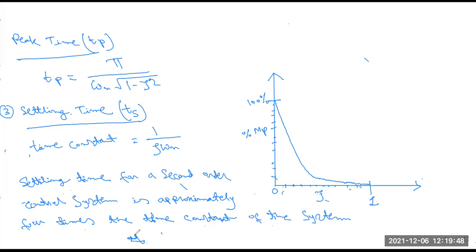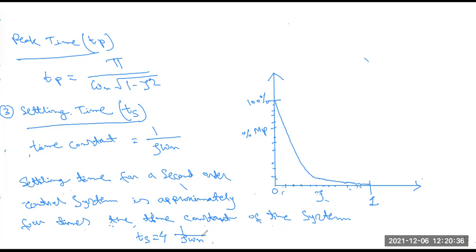So the equation is TS equals 4 into 1 by zeta omega n.